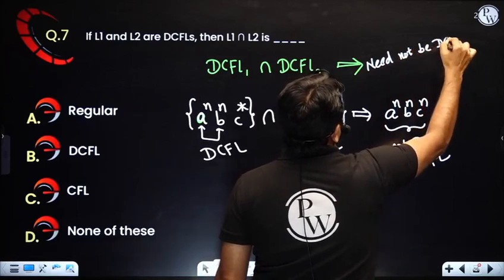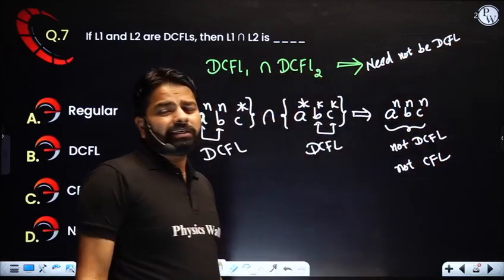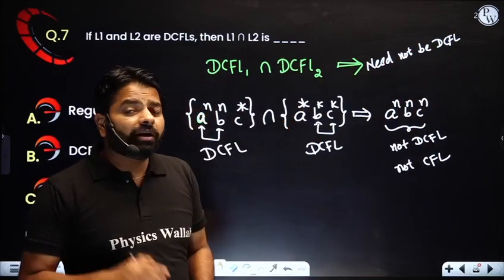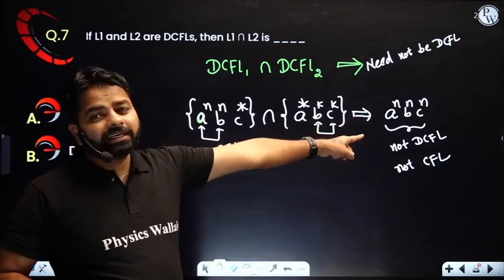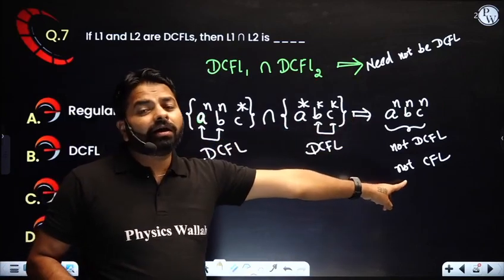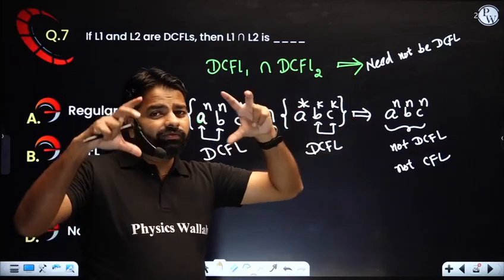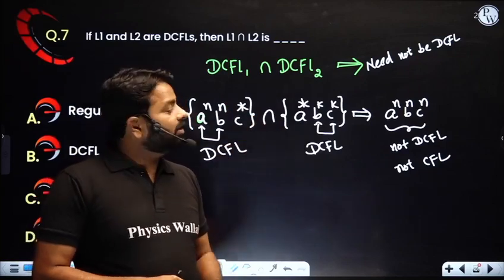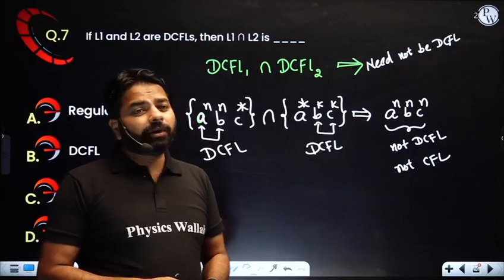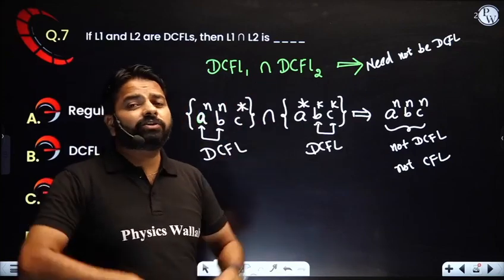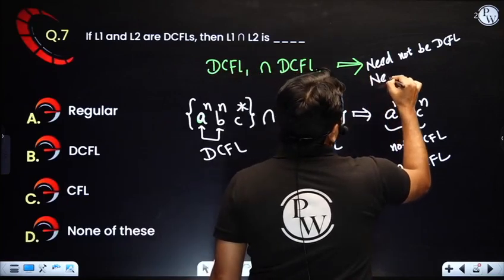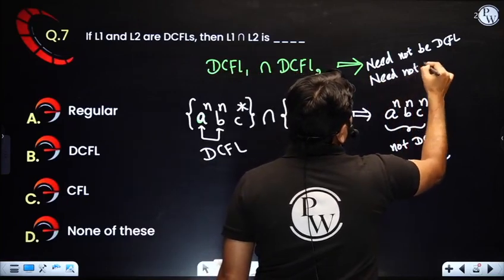Now you may ask, sir, DCFL union DCFL we got always CFL, can we get the same here, always CFL? No. This example already proves it is not a CFL. When you take two DCFLs and perform the intersection, you do not get a CFL. So you can't prove the intersection of DCFLs is always CFL. It also need not be CFL.